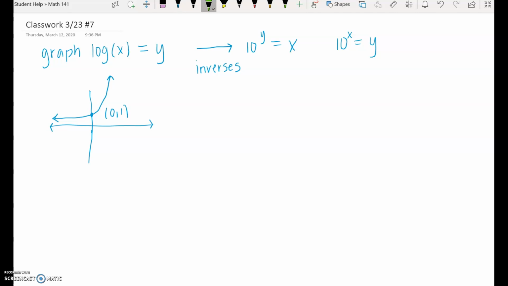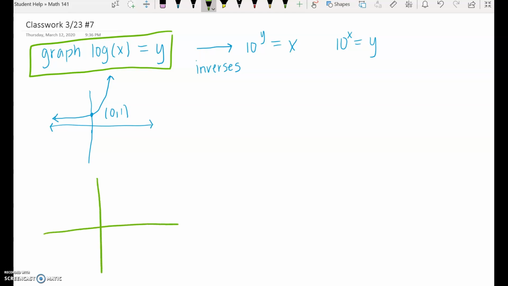So this graph here, I'll make it green, is going to be passing through the point 1, 0. I have the x and the y interchanged. And the asymptote is going to be at the y-axis, or the line x equals 0.